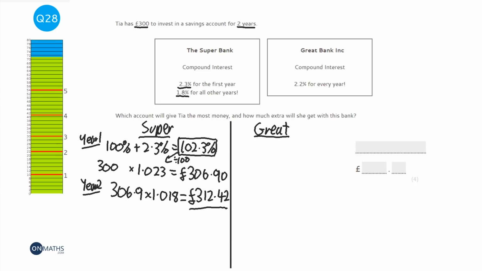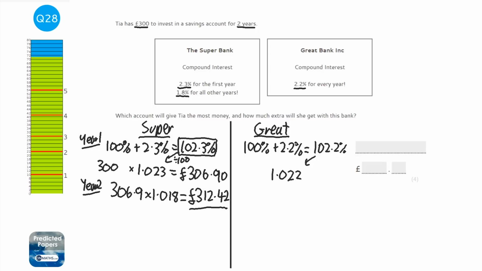Now the Great Bank's a bit easier because it's just going to stay at 2.2%. So let's work out the multiplier. 100% plus 2.2% equals 102.2%, and then as a multiplier, that is 1.022 by dividing by 100. So we're going to times that £300 by 1.022.